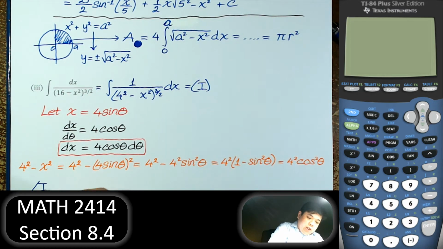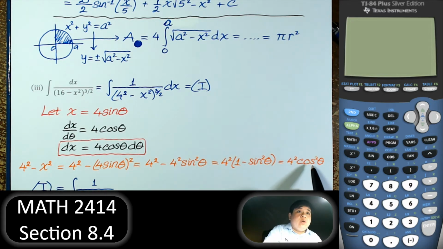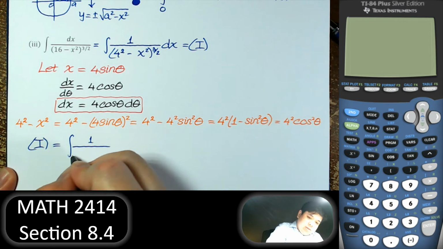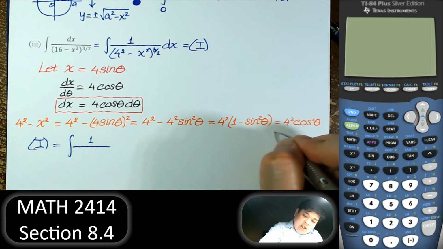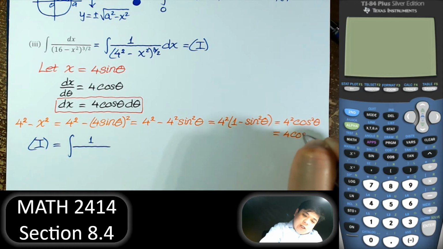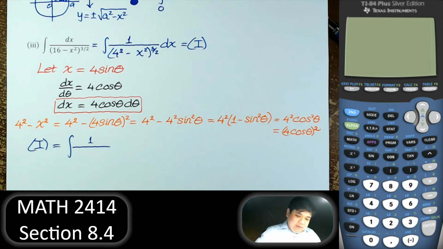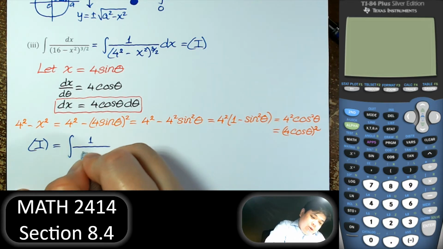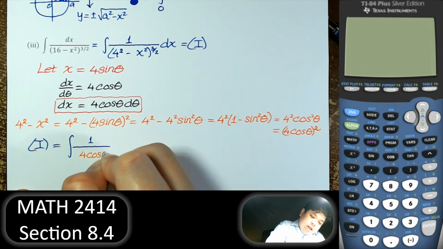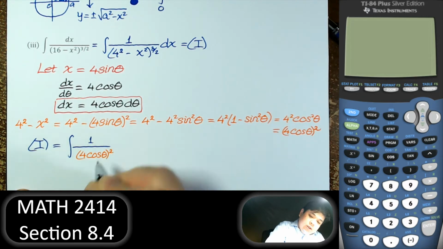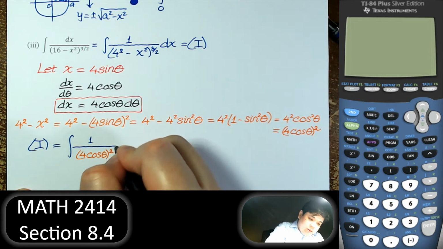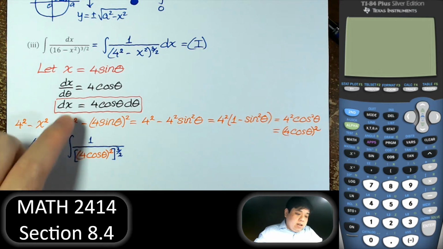So the integral equal to 1 over 4 squared cosine squared. Actually, let's just write this as 4 cosine theta squared. That better. So 4 cosine theta squared over 3/2, and then dx is this.